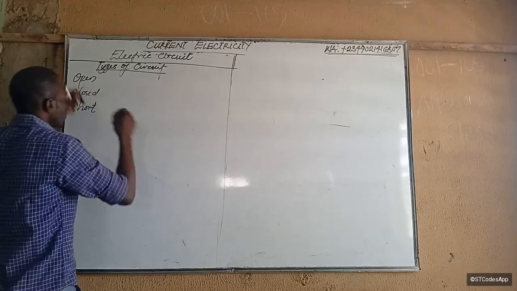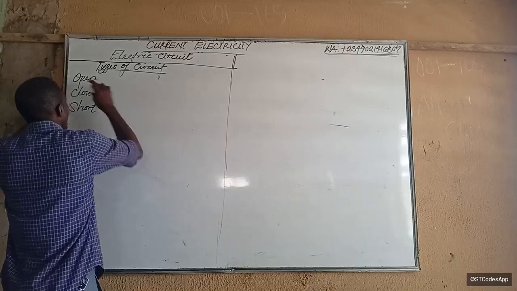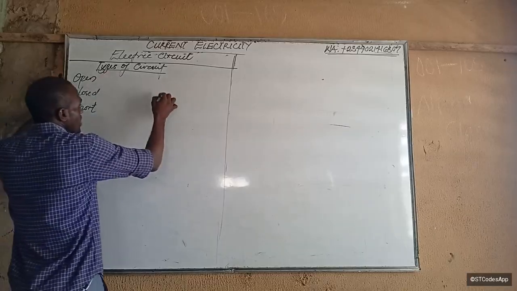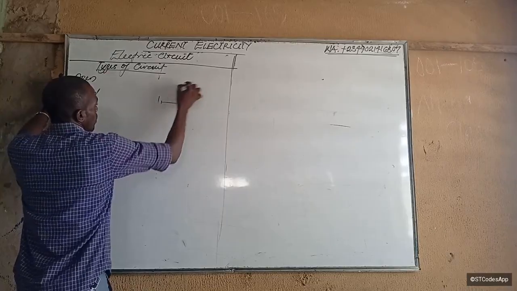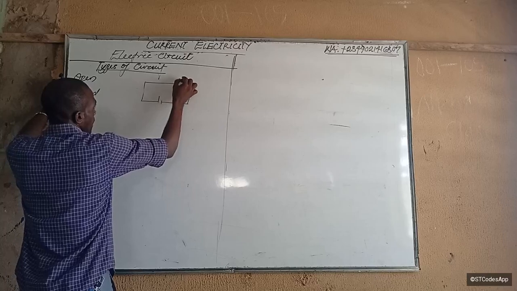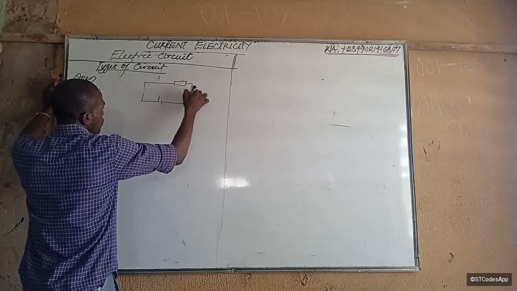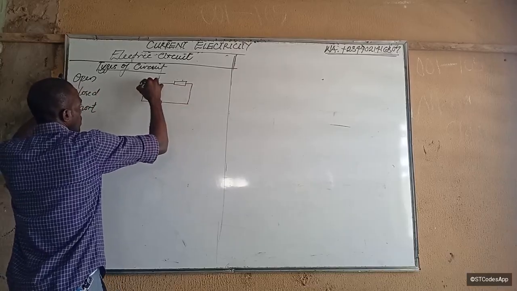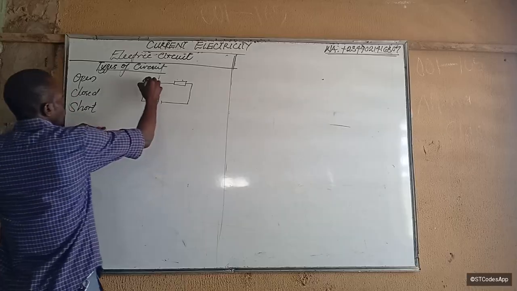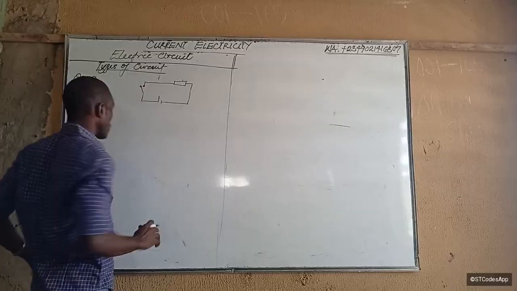An open circuit is the one in which the key or switch is open, for which reason current does not flow. So the key is open, so this is an open circuit.